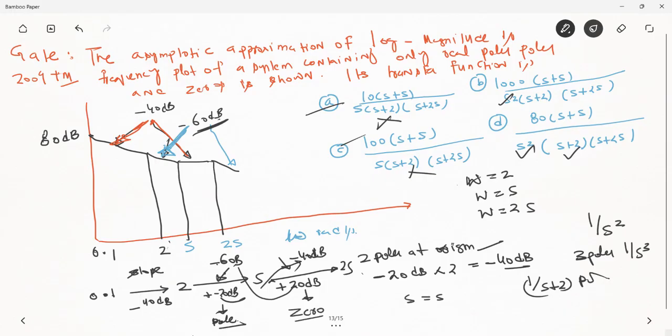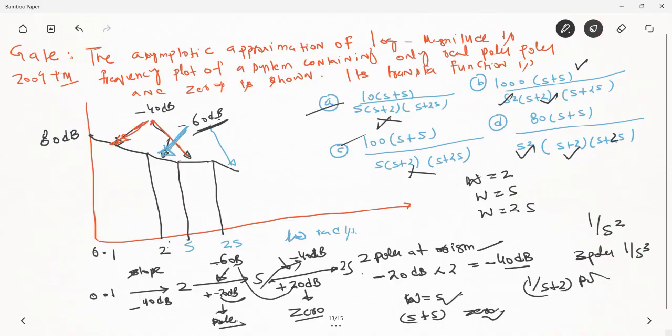That means at omega equal to 5, we have s plus 5, which is nothing but a zero. So we have s plus 5 and s plus 2, and the options B and C are now very similar.